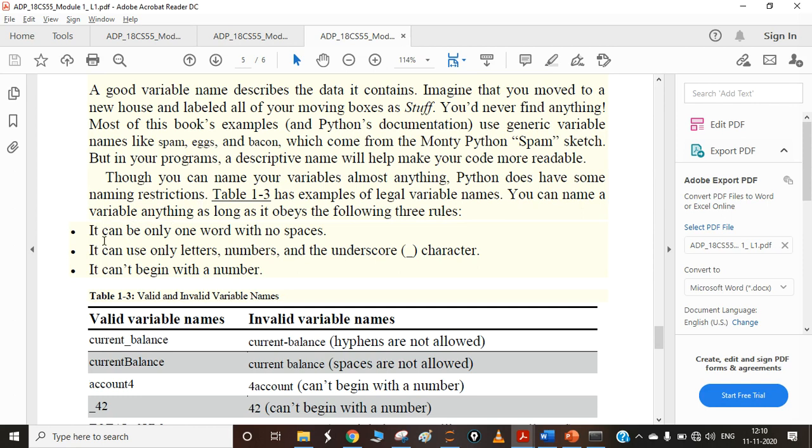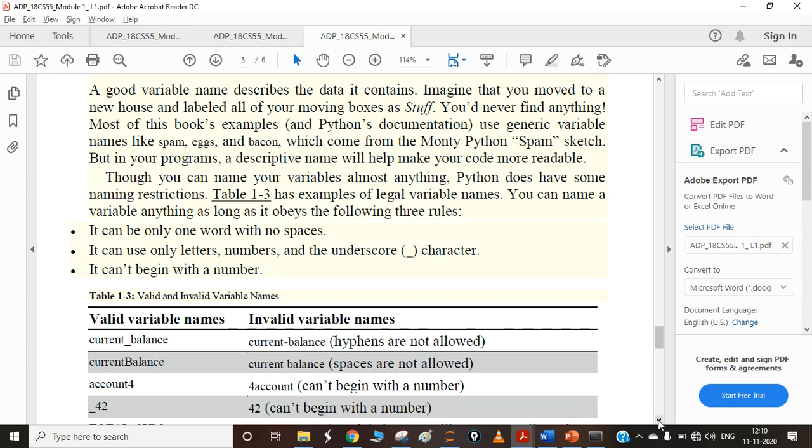The first rule is that it can be only one word with no space. So we should not include any space within names. It can use only letters, numbers, and underscore. So a variable name can contain one special symbol, which is underscore. Apart from underscore, we are not allowed to use any special character within the name. And it should not begin with a number.